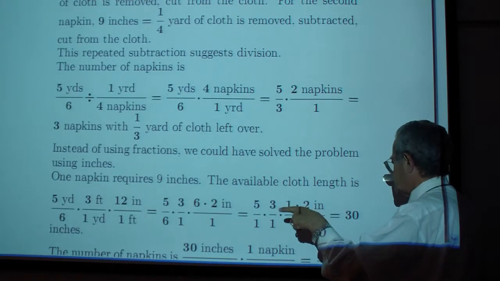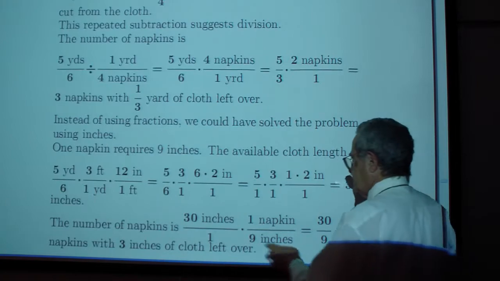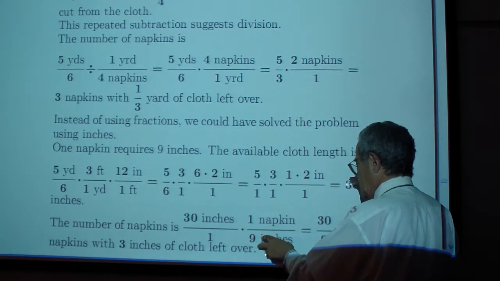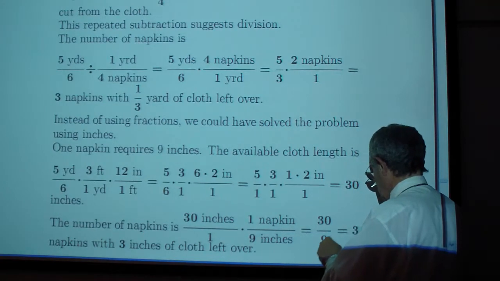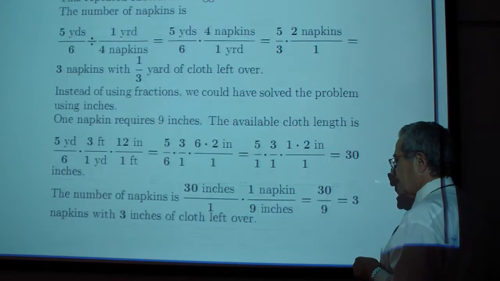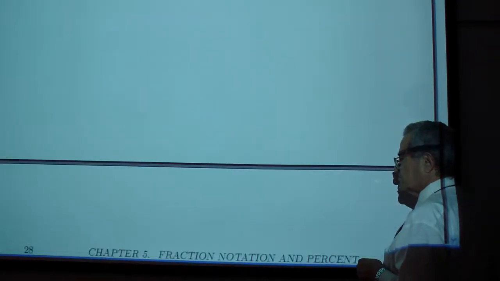So the 5/6 yards is equivalent to 30 inches. Divide the 30 inches by 1 napkin per 9 inches, and you also get 3, and you're left with 3/9, which is 1/3. Same result.